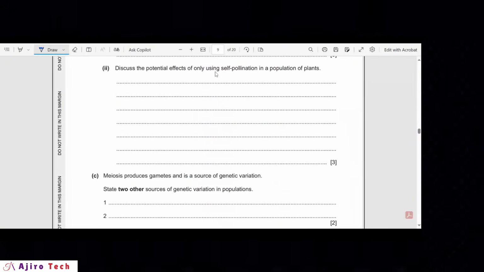Discuss the potential effect of only using cross-pollination in a population of plants. Of course, there will be less genetic variation because it's like inbreeding. So there is less genetic diversity or variation among offspring.